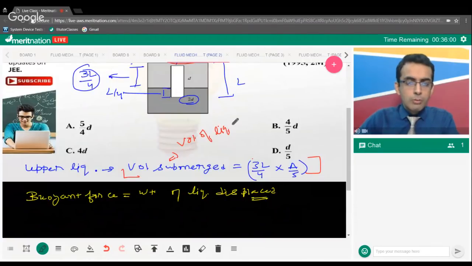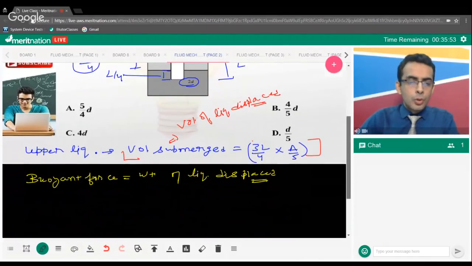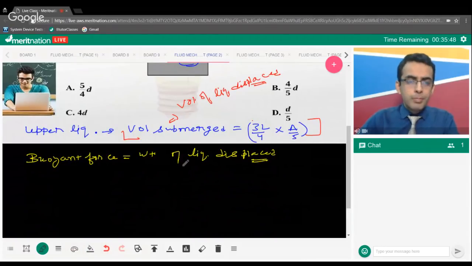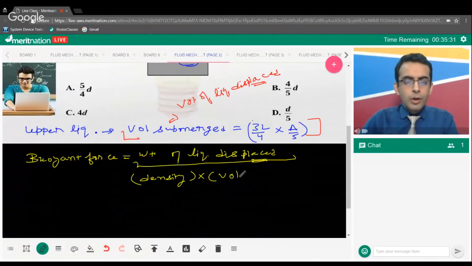Now the buoyant force is equal to the weight of the liquid displaced. Weight means mass into g, and mass is density into volume of liquid displaced. So the buoyant force is density times volume of liquid displaced multiplied by small g.